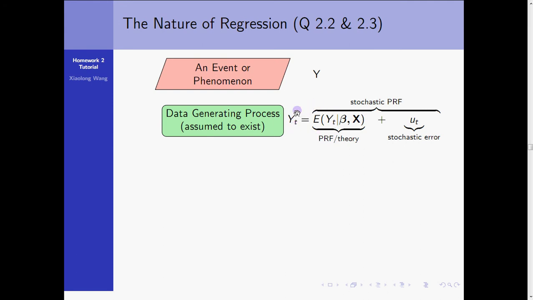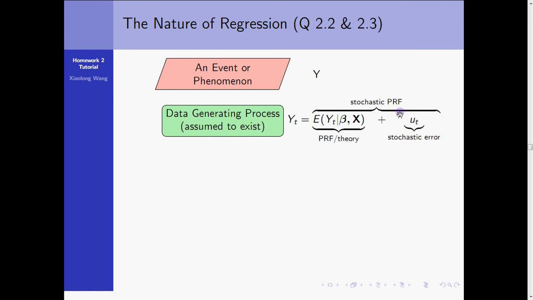But the real Y also depends on a stochastic term. So the model itself, or the theory, may exclude a lot of variables that also affect Y, and we aggregate those variables into the stochastic term.